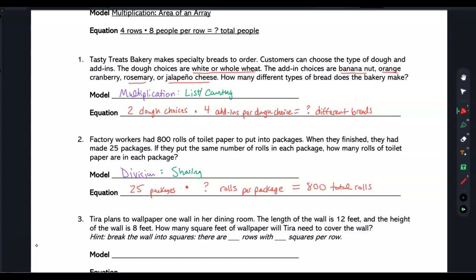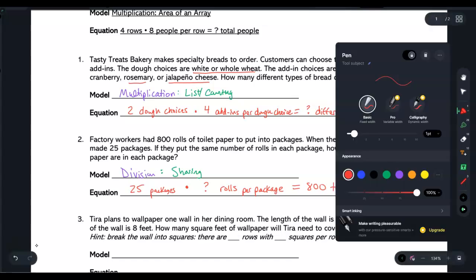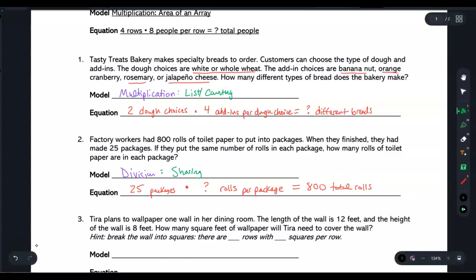So if I were to solve this, I would do 800 divided by 25 and find that answer. So again, how do I know for certain whether this is equal grouping or sharing? If I don't know how many are in each package or in each group, that's sharing. If I did know that information, it would be grouping.